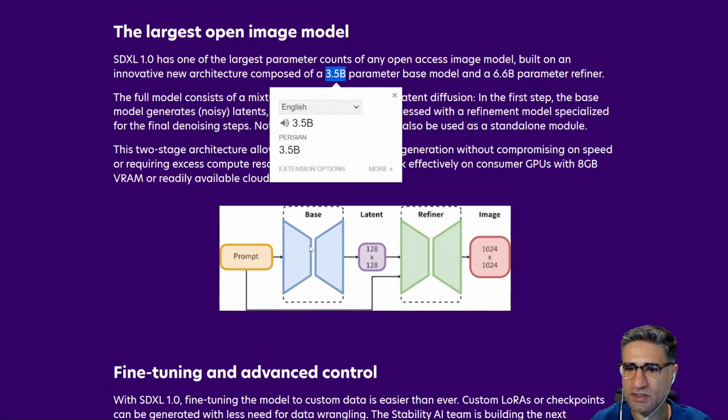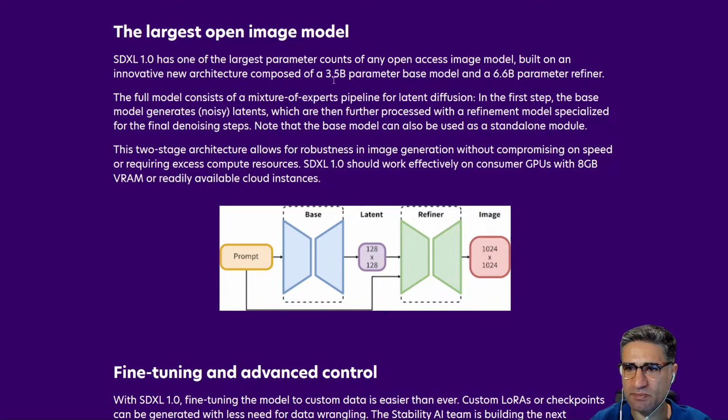They told us that they trained the base model with 3.5 billion parameters, and they trained the refiner with 6.6 billion parameters. And this is the reason that running the refiner needs more VRAM.